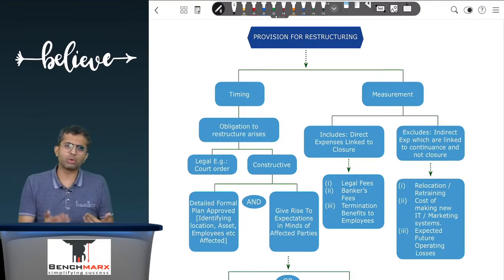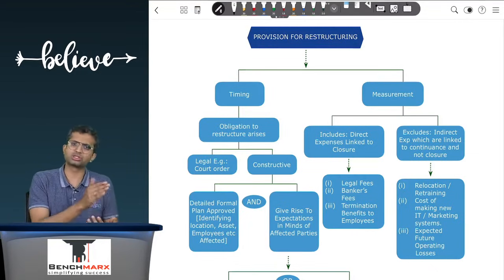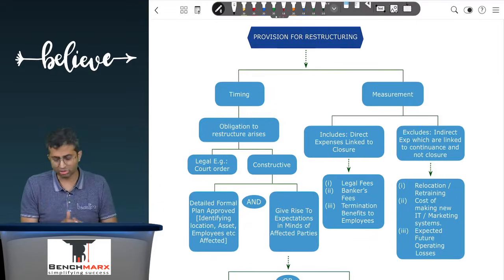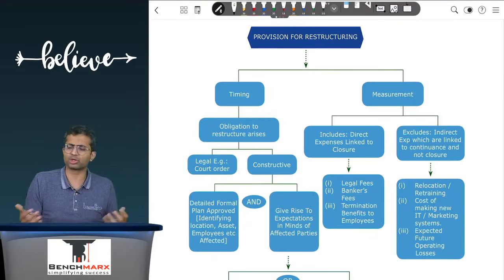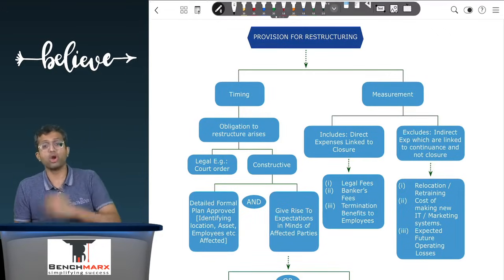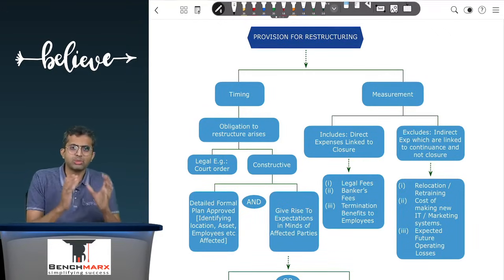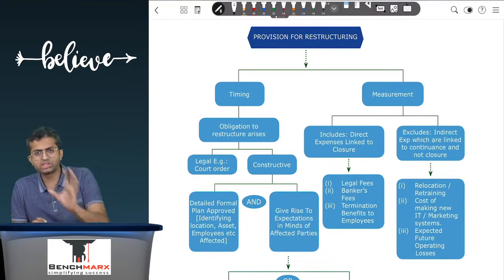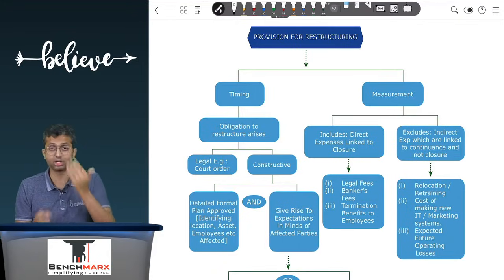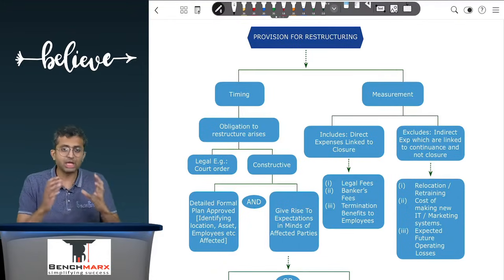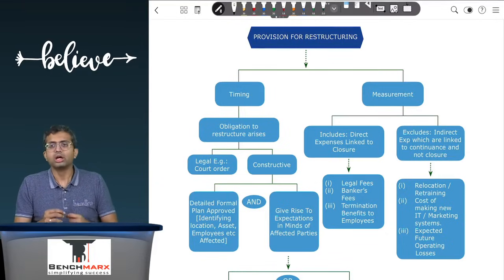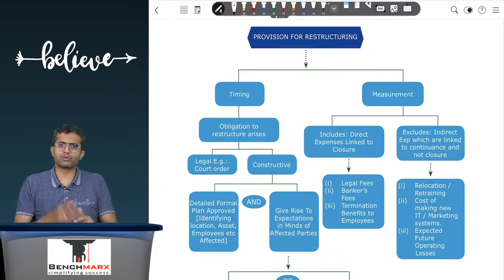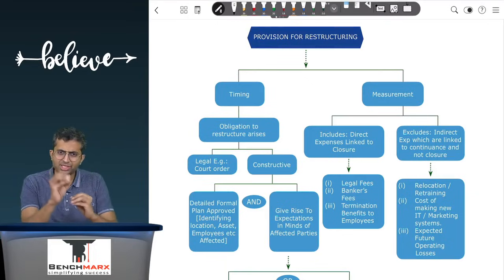Now, the constructive obligation typically arises out of past practices or published policies, which gives rise to expectations. However, for restructurings and closures, we don't usually have a past practice or a published policy, and hence some alternative guidance is needed. That is, we will assume that the constructive obligation to restructure arises if there's a detailed formal plan which is in place and which has been approved, and on account of the detailed formal plan, we have identified the assets, employees, customers, everyone who gets affected.